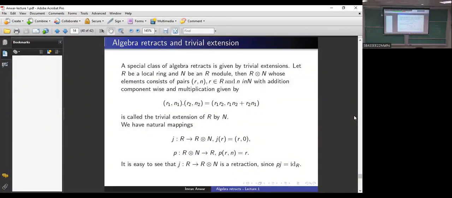And now this is the projection map, which sends R tensor N to R. When you take the composition of these two, it is easy to see that the composition is the identity of R. So ultimately you constructed a retraction from R tensor N to R. So one can construct a retraction by following this procedure using the trivial extension. I hope everything is clear with this particular map.